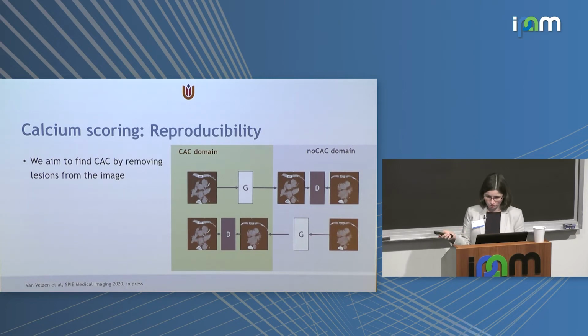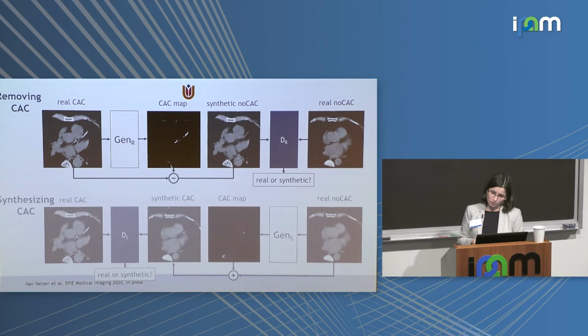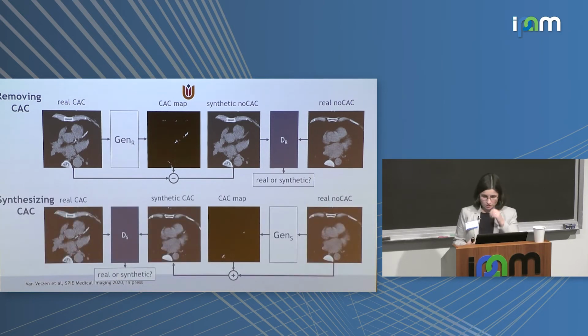And what then, if you look at the detail, what she actually does, she takes a real image with calcium, uses a generator to generate a calcium map, subtracts this calcium map from the input image to get a synthetic image without calcium, applies a discriminator that tells apart real from the synthetic images, and in the backward path, just the other way around.